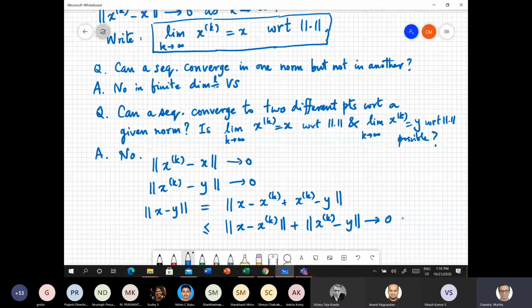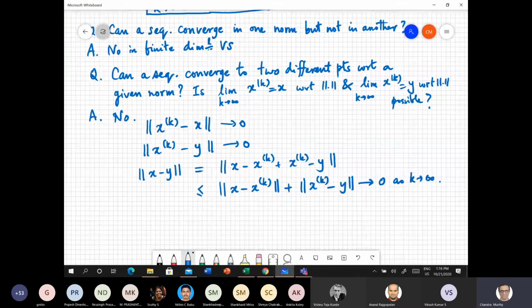So this itself goes to 0. But the left hand side is greater than or equal to 0, and this is a norm. So if the norm of x minus y becomes equal to 0, it implies that x equals y. So it has to converge to the same point.